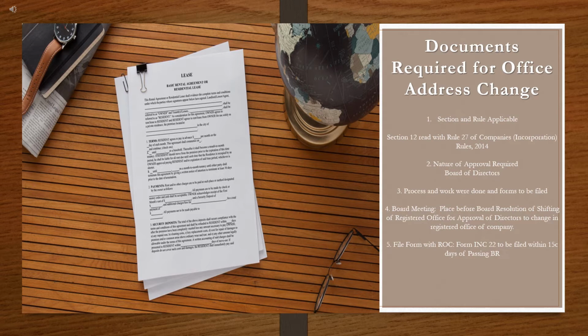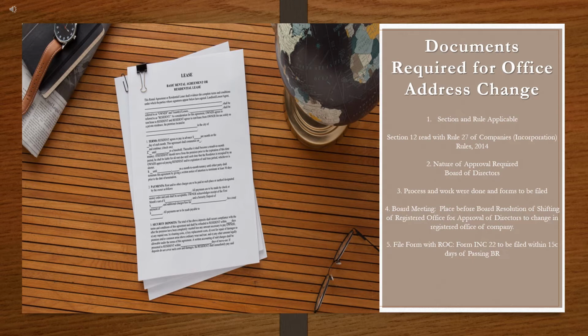B. Shifting the registered office outside the local limits of the existing place but in the same state. 1. Section and rule applicable: Section 12 read with Rule 27 of Companies (Incorporation) Rules, 2014. 2. Nature of approval required: members' approval by means of special resolution. 3. Process and work to be done and forms filed: hold a board meeting and place before the board a resolution of shifting of registered office for approval of directors.